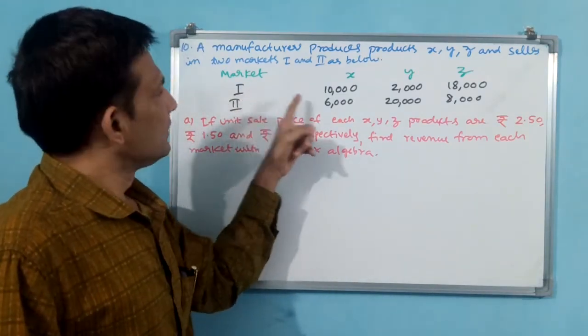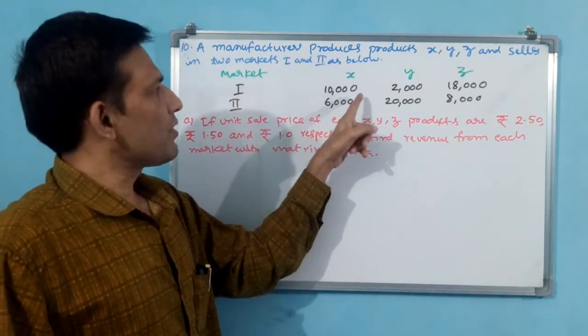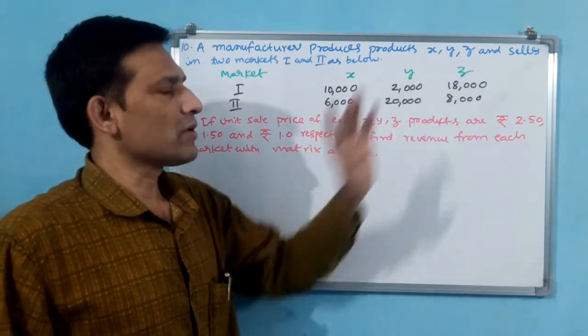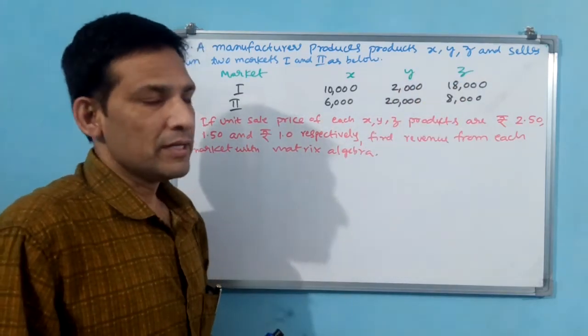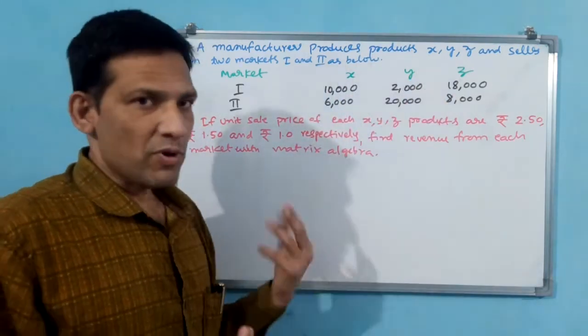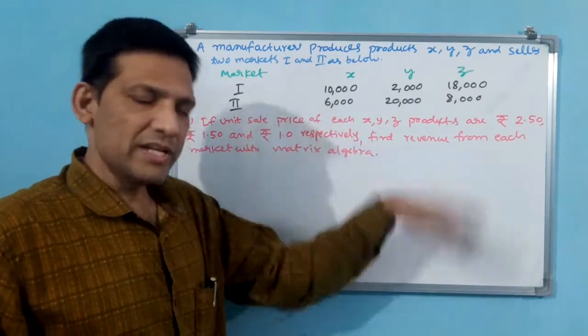In market number one, X type of product 10,000 he has sold, Y type of product 2,000, Z type of product 18,000 he has sold. Each product is different, each product's manufacturing cost may be different and selling price may be different.